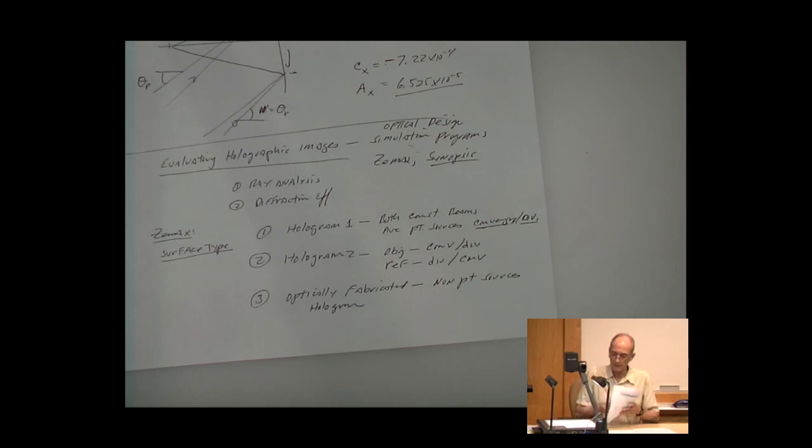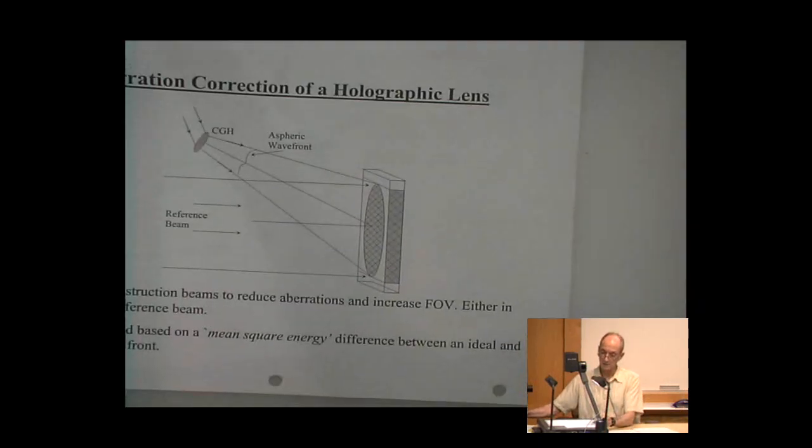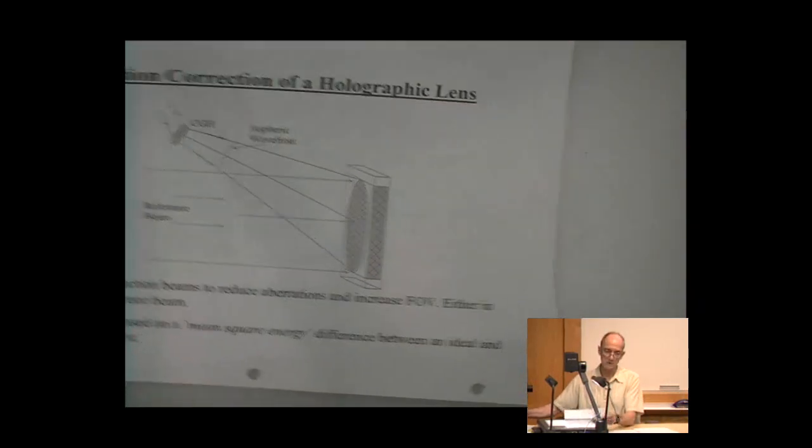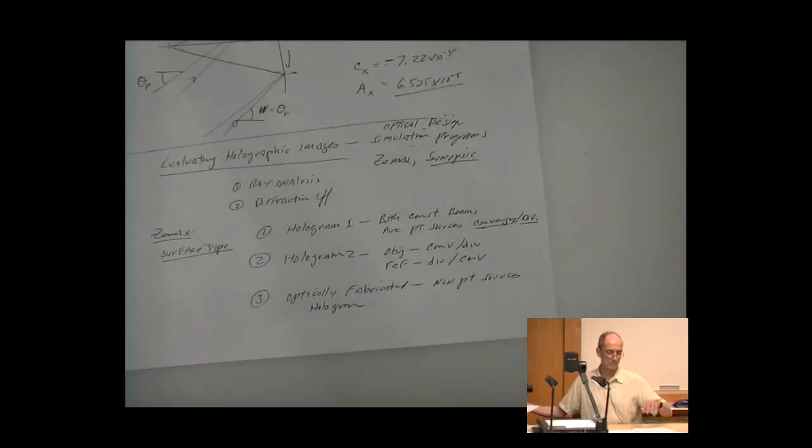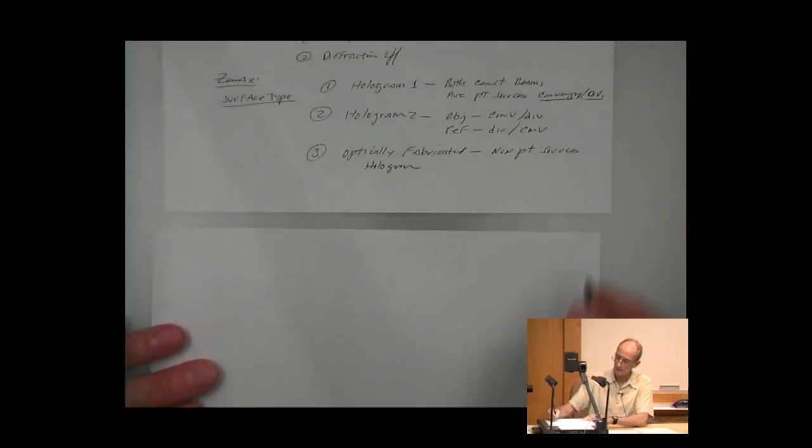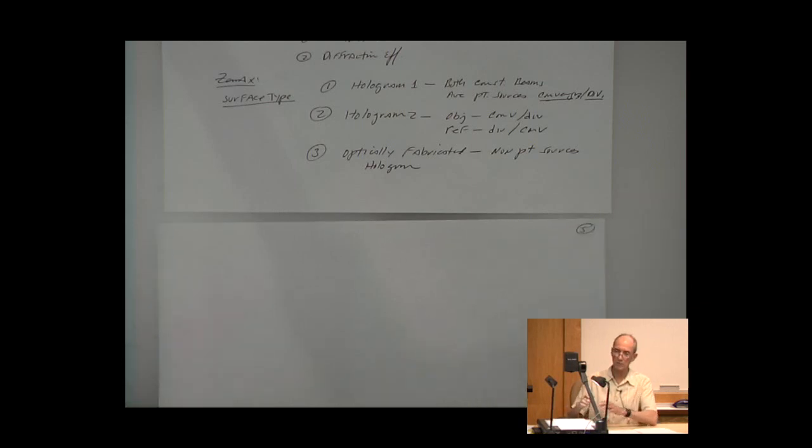Okay, so let's look at something else now. I mentioned that if we had this computer-generated hologram, we can create an aspheric wavefront. The ray trace formalism that I had given you doesn't work that well when you have arbitrary phases that may exist on arbitrary surfaces.